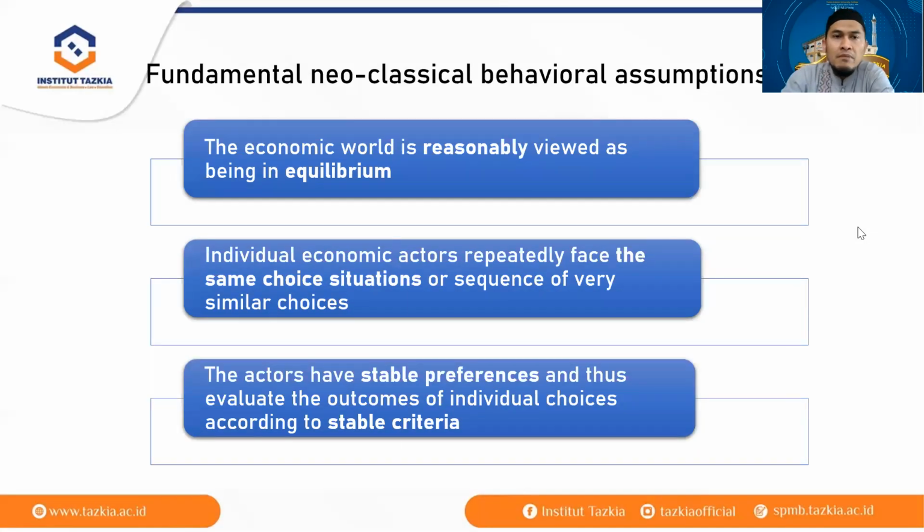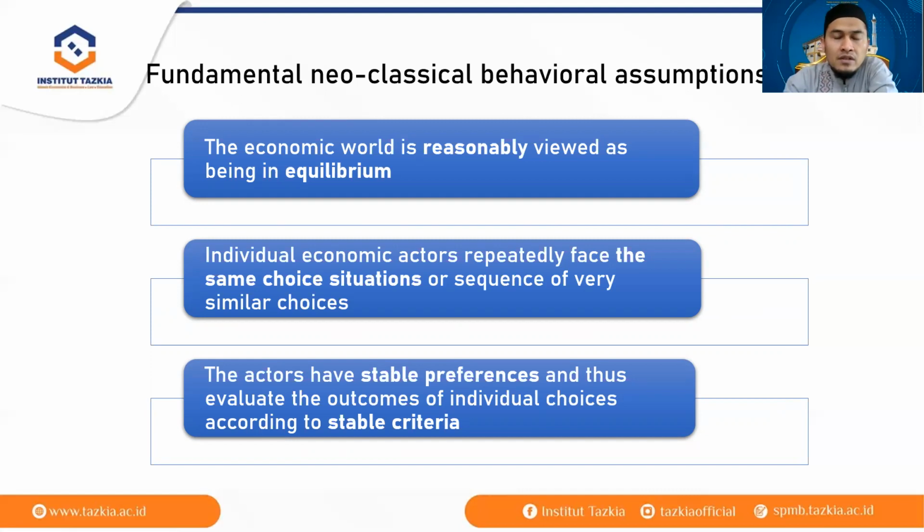So let's come into the fundamental neoclassical behavior assumptions. Starting with the economic world is reasonably viewed as being in equilibrium. Secondly, individual economic actors repeatedly face the same choice situations or sequences of very similar choices.